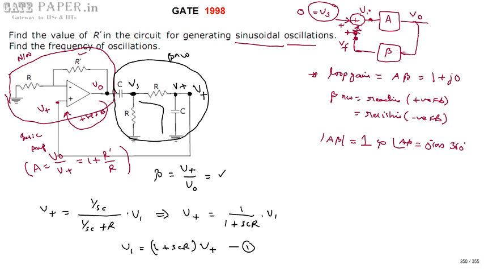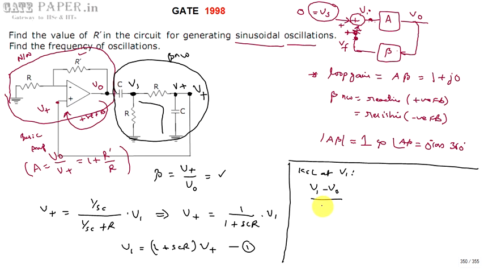And the second equation we are going to calculate this way. KCL at V1: (V1 minus V0) divided by 1 by SC, plus V1 by R, plus (V1 minus V plus) divided by R is equal to 0.